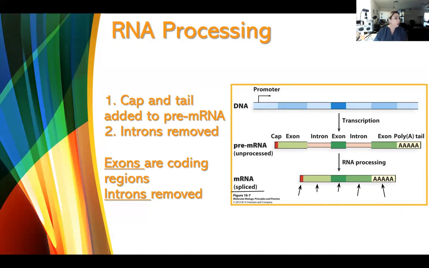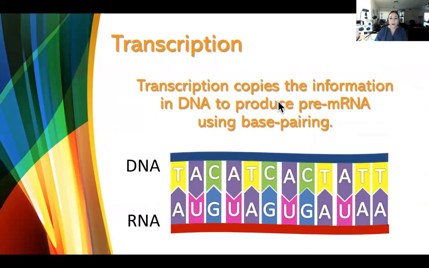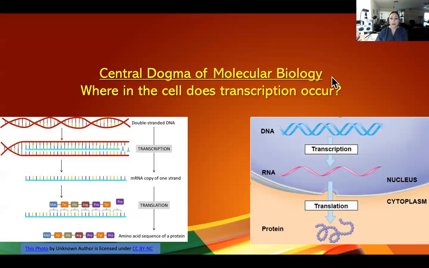So let's do a really quick review of transcription. I'm going to go back a couple slides here. Okay, so let's look at this image on the right here. You have DNA, double-stranded DNA, right there.